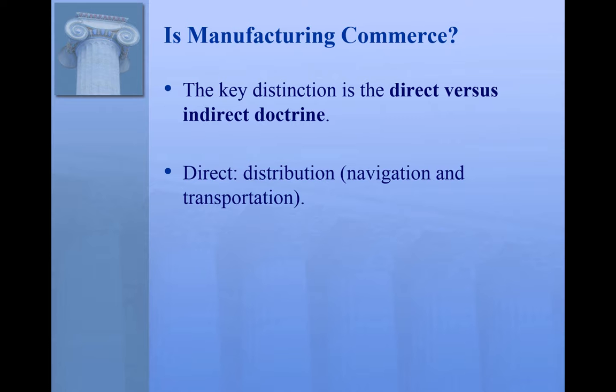We know this from Gibbons versus Ogden, but they are so bound up in it, they so directly affect commerce that Congress can regulate it. An indirect effect would be manufacturing. Sure, you can't have something to sell unless you've manufactured it, but manufacturing is not so closely related to an endpoint transaction that Congress can get to it. It is an indirect effect.